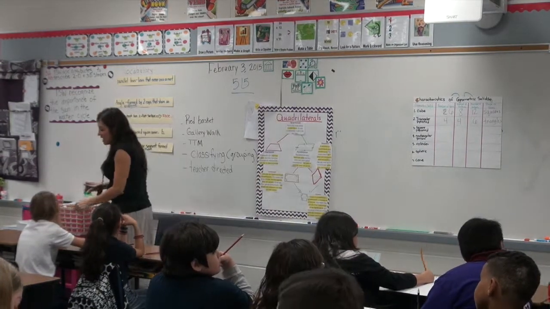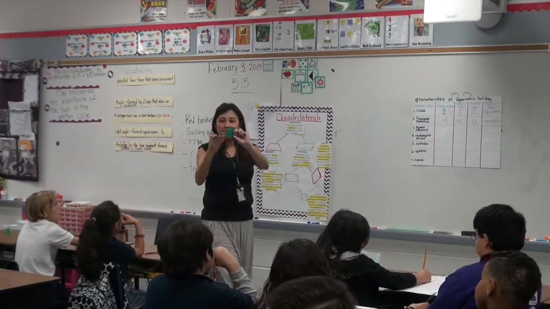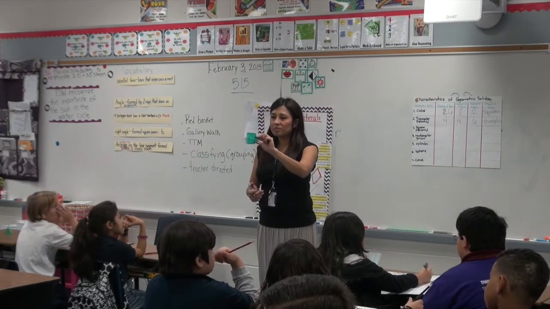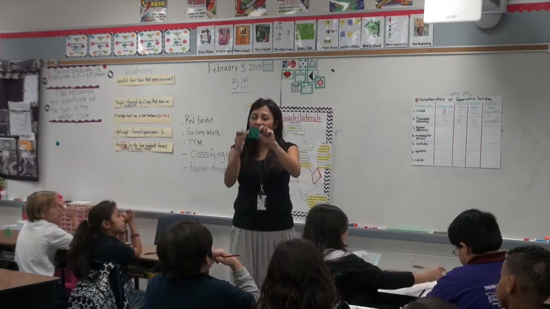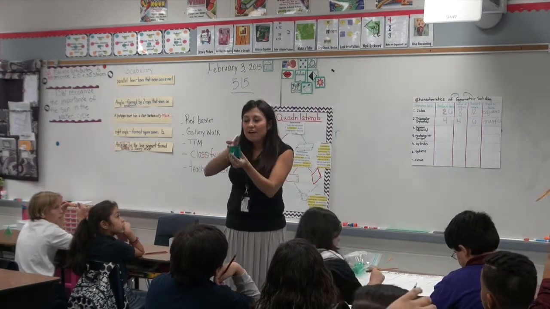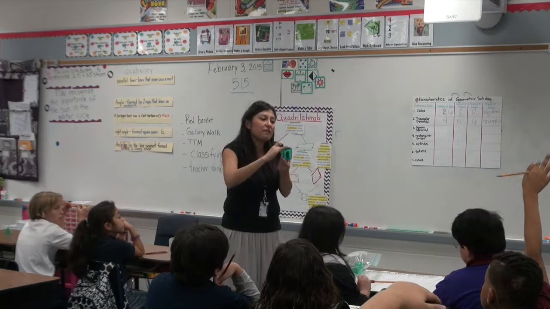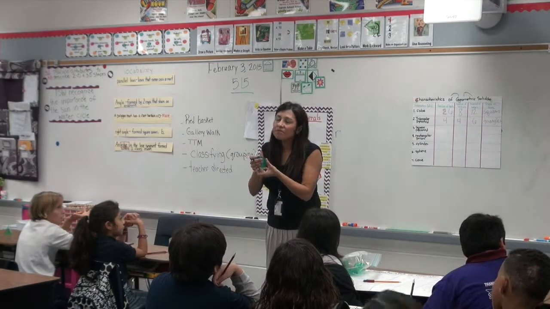The next one is my square pyramid. So, how many faces are on the bottom? How many faces do you see? 1. Okay, but I have 4 edges, and you already know that if I have an edge, what's coming up? A face. So if I have 4 edges, how many faces are coming up? 4 plus the one on the bottom? 5.